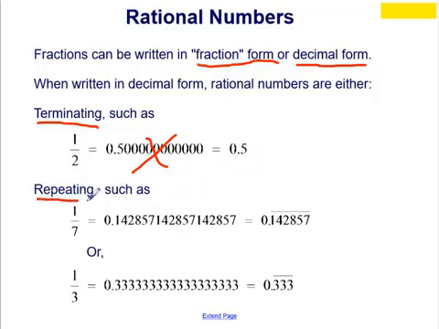Or repeating, such as 1 over 7 is 0.142857, 142857, and it repeats that pattern. So we just include all the digits that repeat in a pattern. Or 1 over 3 is 0.3333333, and just the 3 is repeating. We usually show a couple of the digits, usually 3, to signify that.